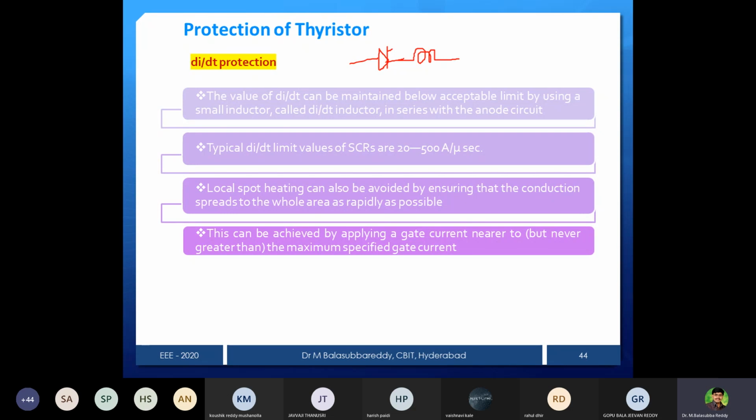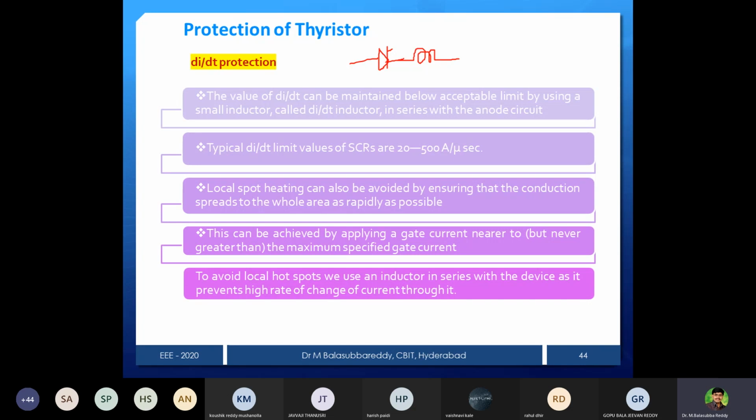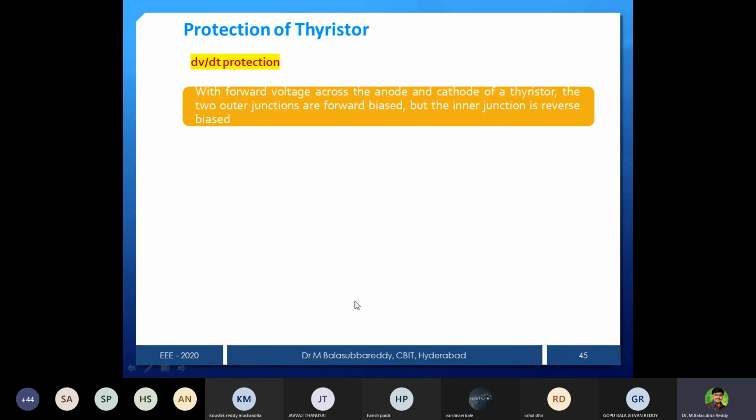The di/dt protection is there, but you still need to give a gate current always below the maximum value, in the range of Ig minimum to Ig maximum. To avoid local hotspots, we connect an inductor in series. That is already mentioned. Now the next one is dV/dt protection. What is the dV/dt protection?